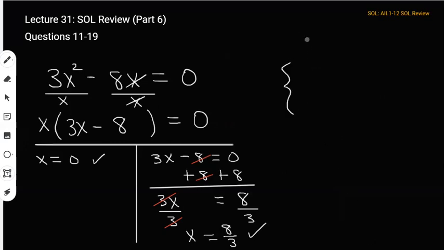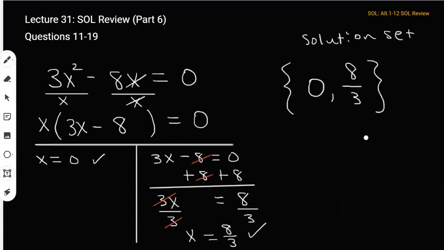So inside of our solution set, we're going to have two numbers, 0 and 8/3. Now for these two answers, which one does not belong? The 0. Yep.